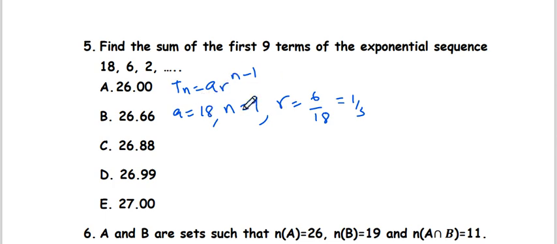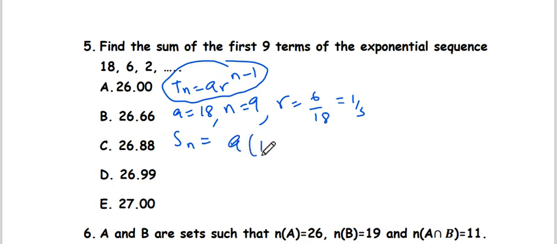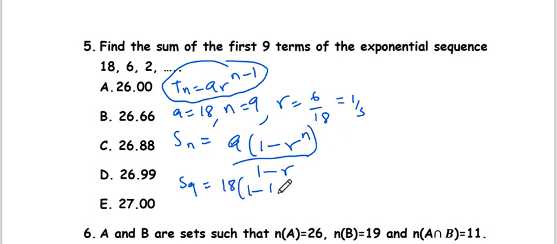So this is the formula for the nth term, but in this case what we are looking for is the sum. For the sum of n terms when the common ratio is less than 1, the formula is Sn equal to a bracket 1 minus r raised to power n, divided by 1 minus r. So the sum of 9 terms here will be 18 bracket 1 minus our common ratio 1 over 3 raised to the power of 9, divided by 1 minus our common ratio 1 over 3.